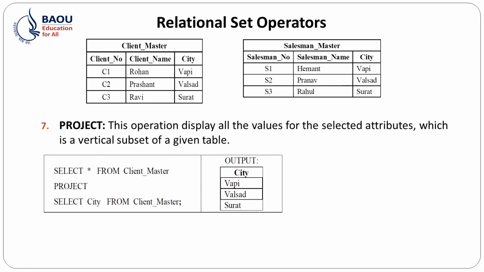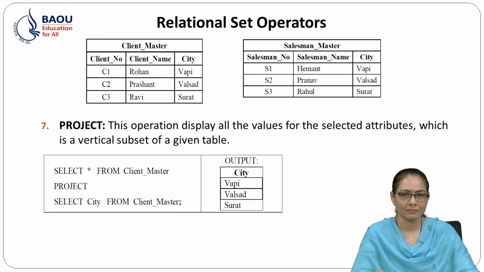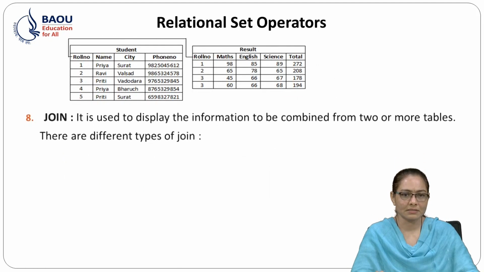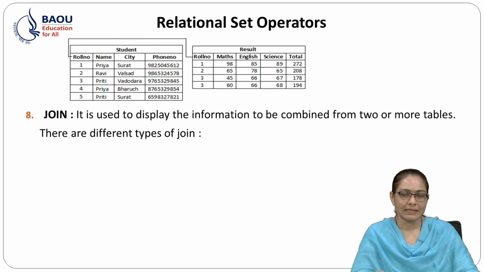The output of query 1 is all the records of the client master table, and query 2 gives the city of the client master table. So the project selects the city attribute, and the final output of the project displays the city column.